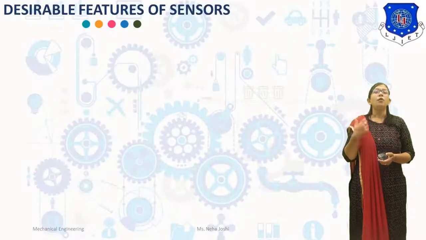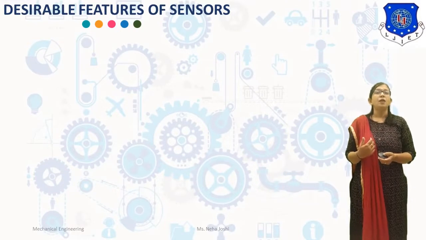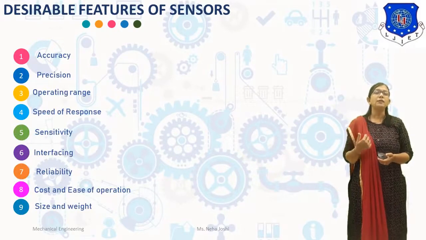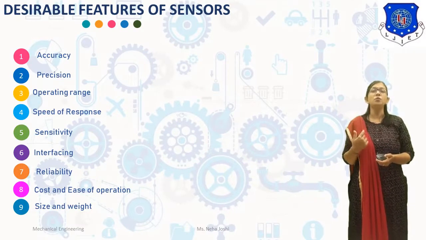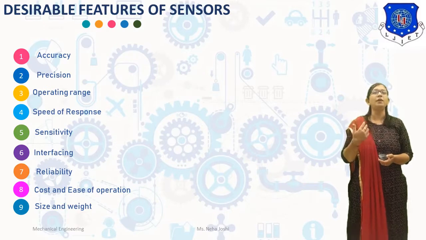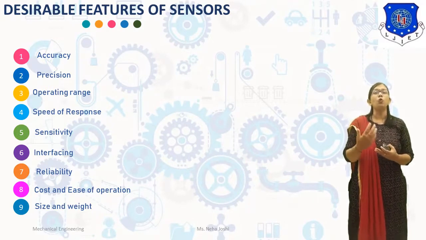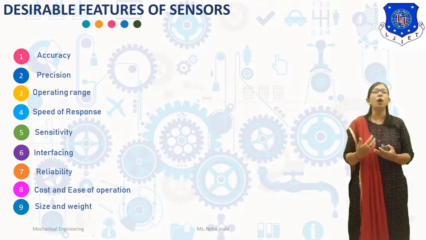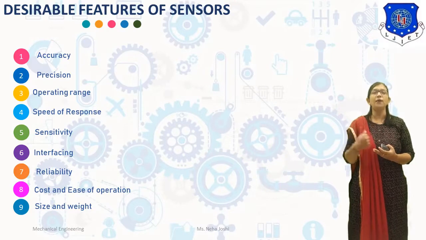Now, what are the desirable features of sensors? The first one is accuracy. Accuracy is how close the output of the sensor is to the expected value. For a given input, a certain expected output value is related to how close the sensor's output value is to this value.